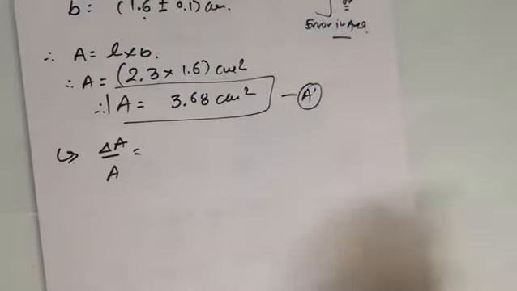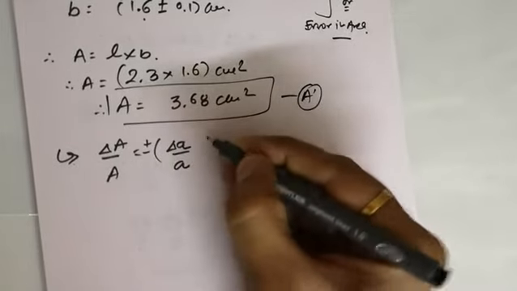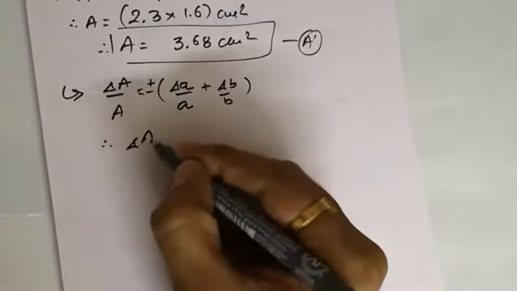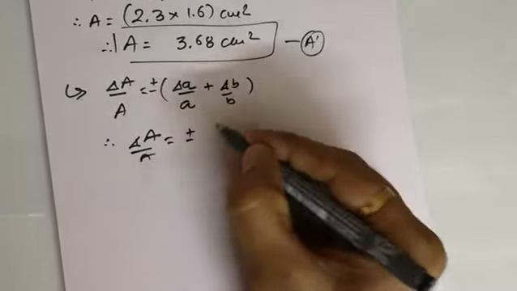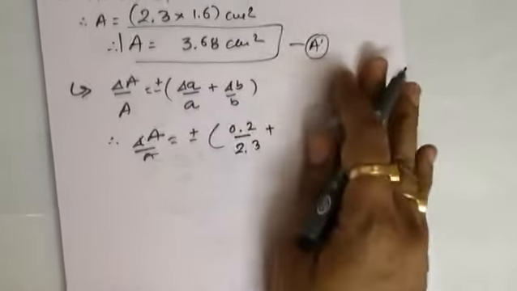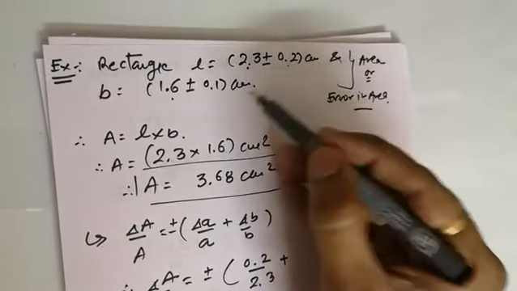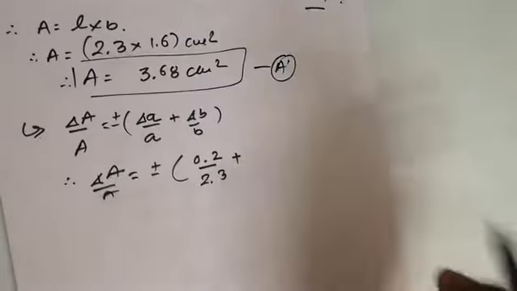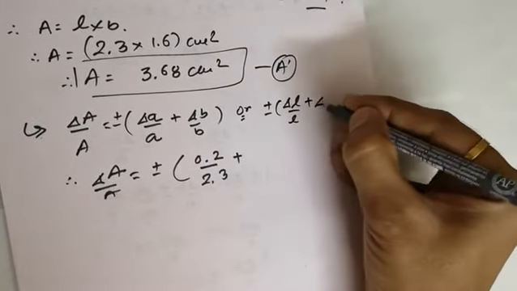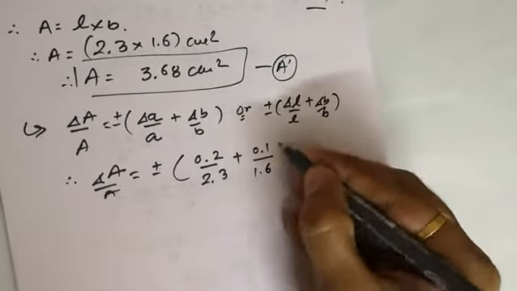So I am first of all using that delta A by A. So I may have plus or minus delta A by A equals delta L by L plus delta B by B. So delta A by A is equal to plus or minus delta L is 0.2 divided by 2.3, plus delta B by B, which is 0.1 divided by 1.6.